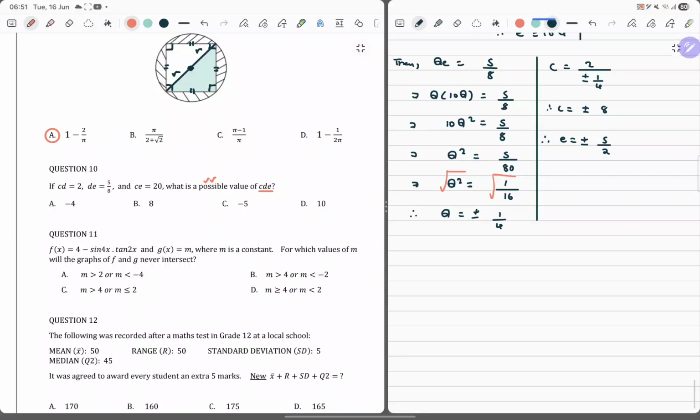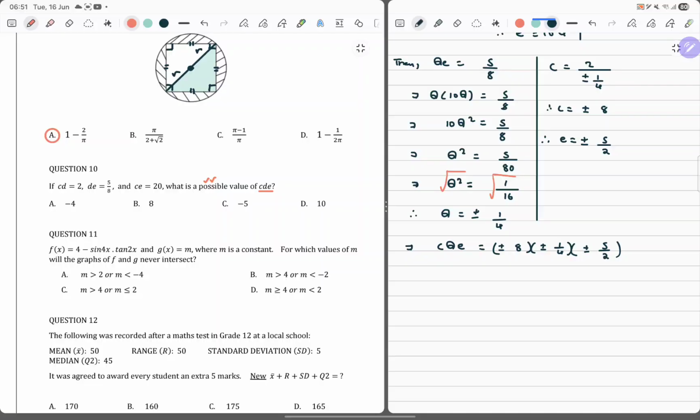So let's do the things. We can say this implies that CDE is equal to, you can just say plus or minus C. What did we get? 8 into D, which is plus or minus a quarter, into E, which is plus or minus 5 over 2.